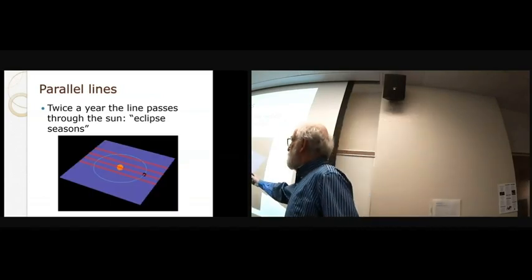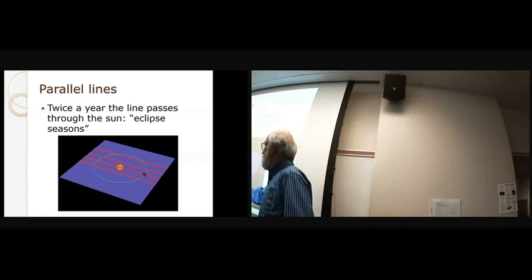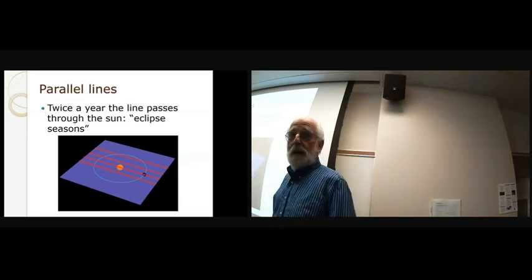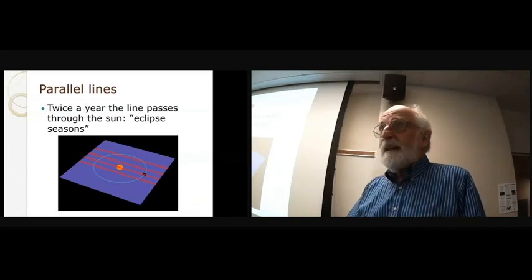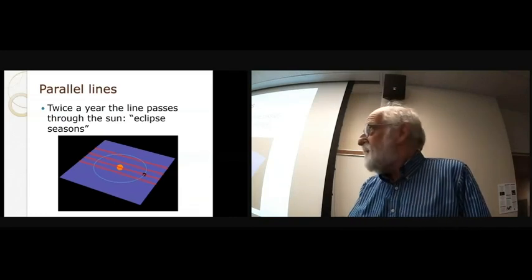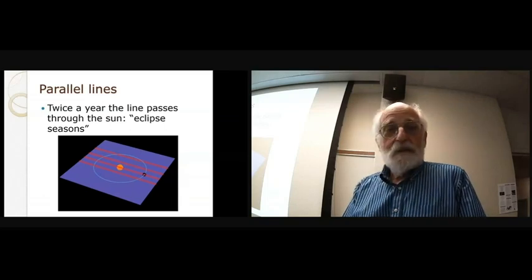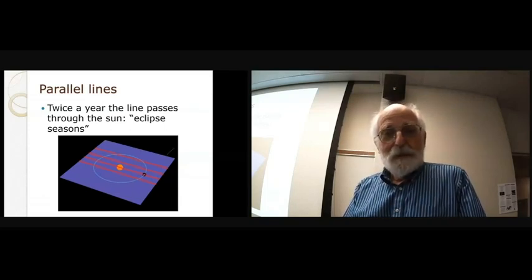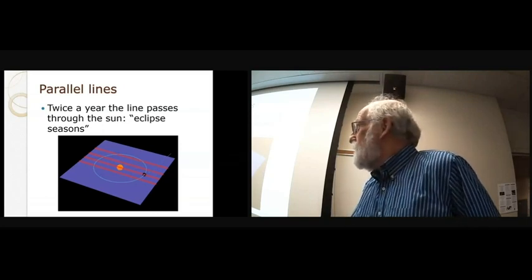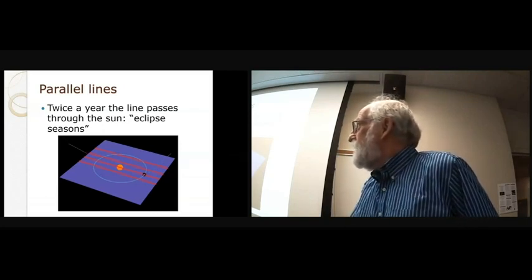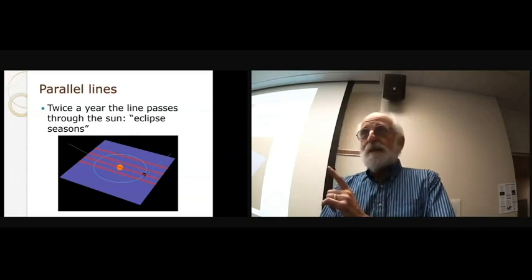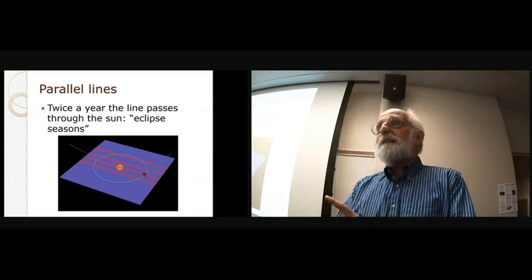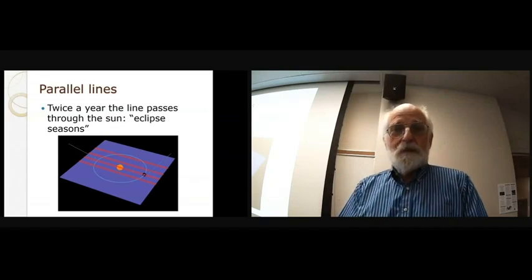The line is going to move up and down and up again. So there are exactly 2 times in the year when this occurs, and those are called eclipse seasons. Here's an arrow pointing to one of them, and there's the other one. So there are 2 particular times in the year when it's possible to have an eclipse.